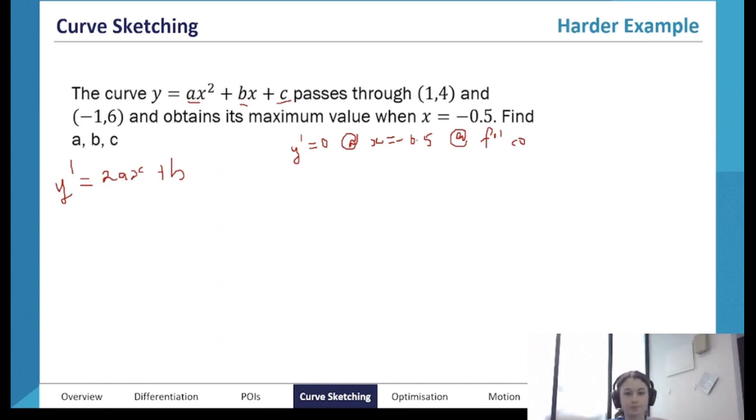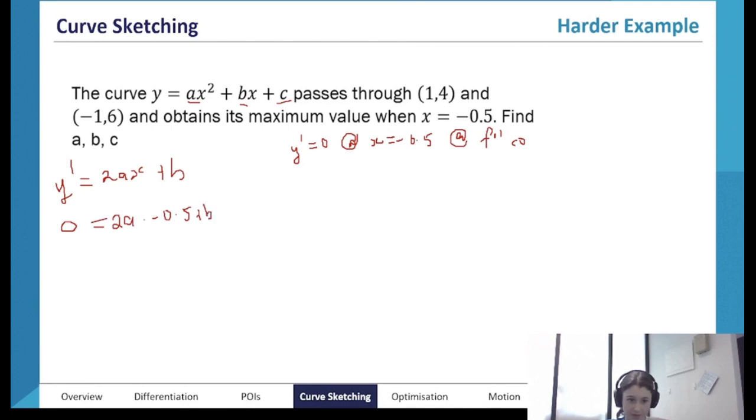What I'm going to do first is sub this information into our derivative function. So we're going to have 0 equals 2a times negative 0.5 plus b.